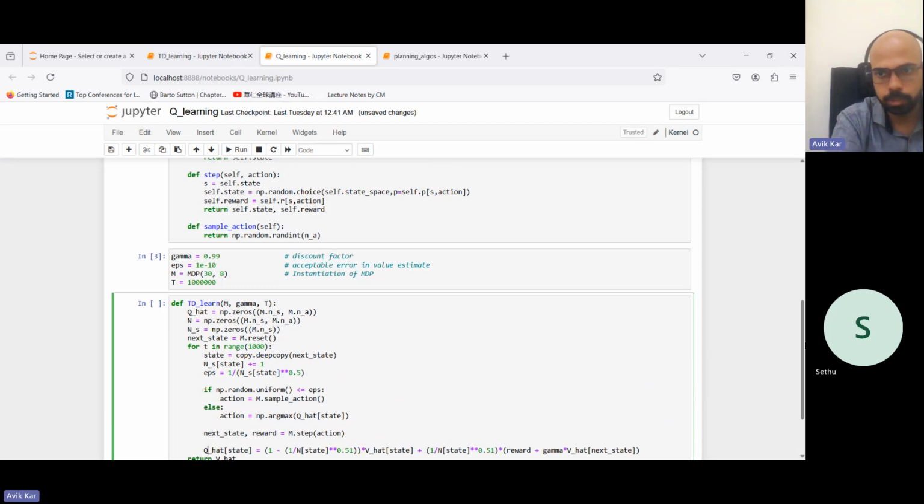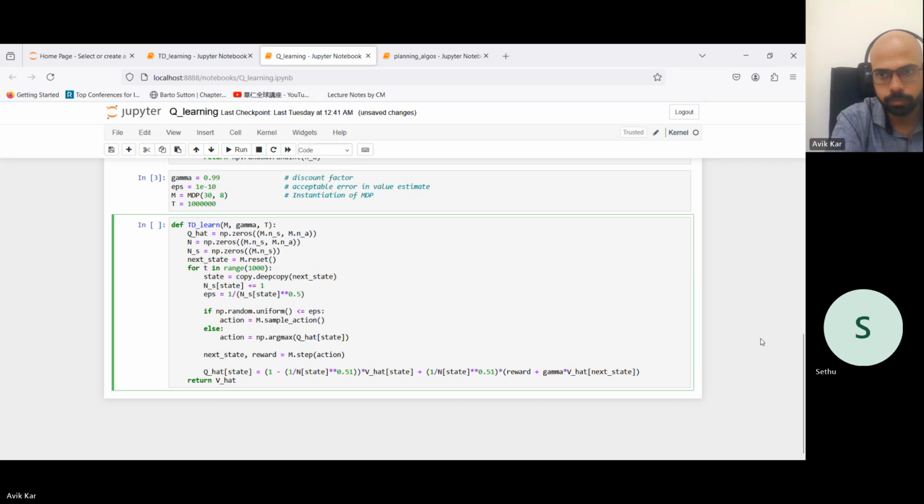Let's write the update equation. Now we use one by the number of visits to the state and action. Same here.